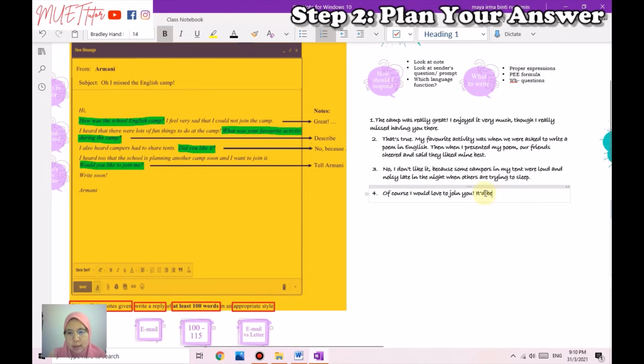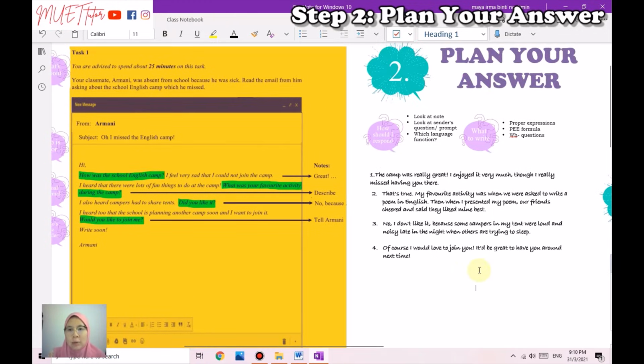You can write in a shortened form if it's an informal letter. Great to have you around next time. This is how it can look like.